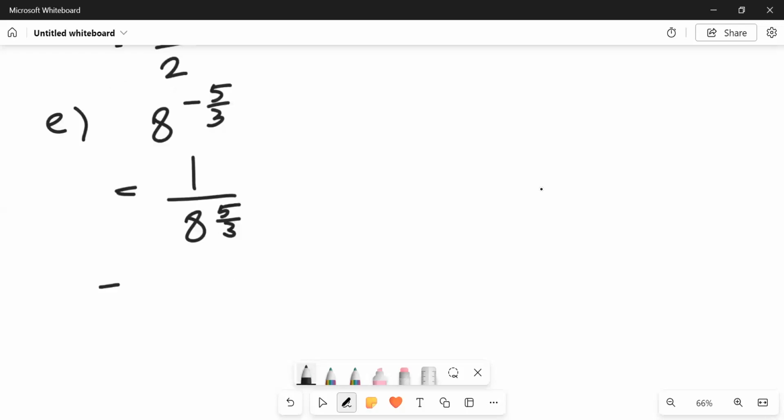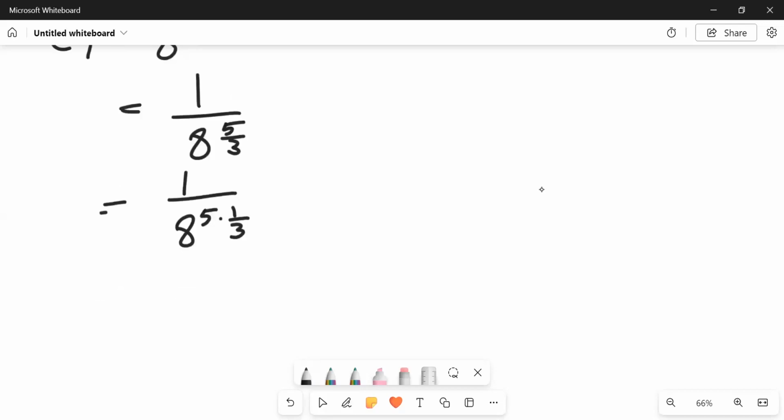Okay, then this we can write in the form of 8, 5, and this one will be 1 over 3. Can we write it as 5 ones are 5 or 3? Okay. Now 1 over 8, 5.